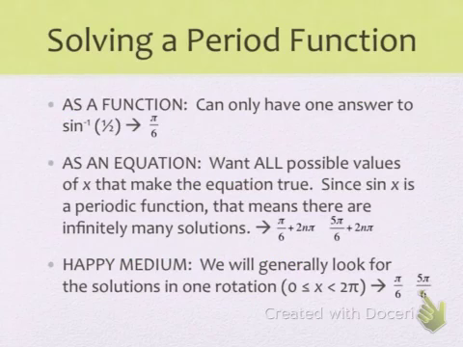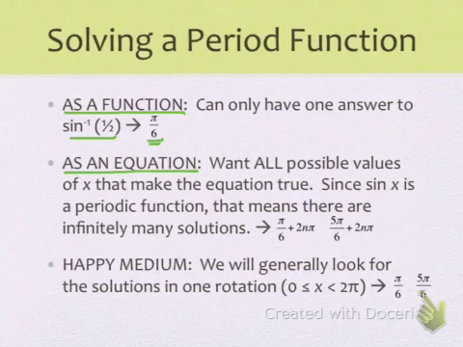Now, that seems like a bit much. So we need to find a happy medium. As a function, we know that taking the inverse sine of 1/2 is only going to give us one answer. We still need to keep that in mind, because if you type it into a calculator, your calculator will only give you one possible solution. But then we need to realize that as an equation, it's not just that one solution.